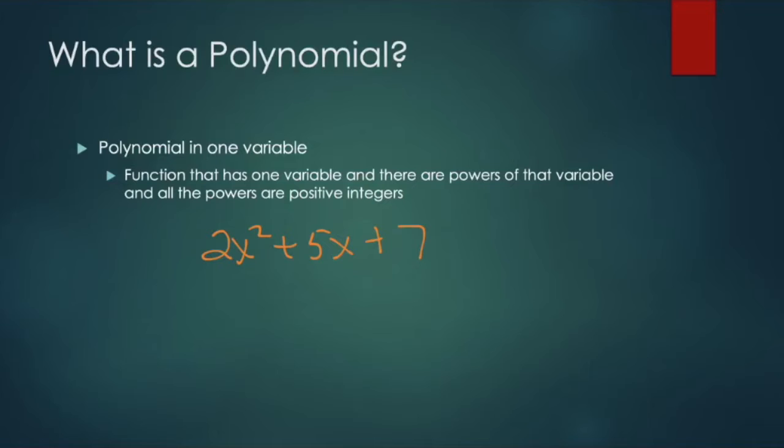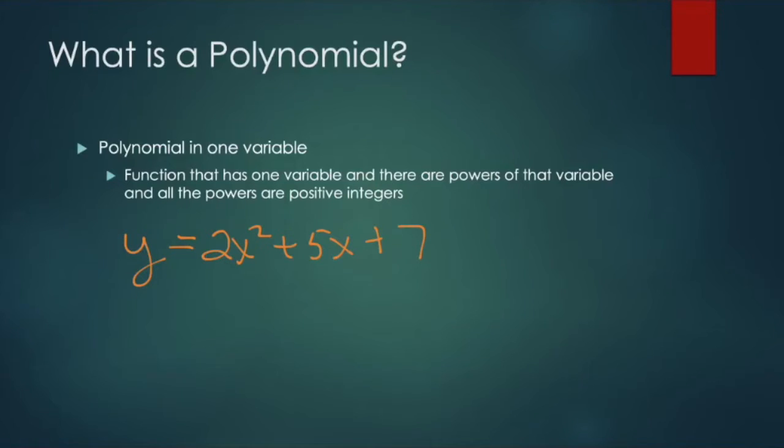Now, if I go like this and say equals y, this is still a polynomial. The y over here is not considered the variable. It's considered the function notation on this side. Everything on the other side constitutes the function. So you need to make sure it has one variable and look at the powers of the variable.